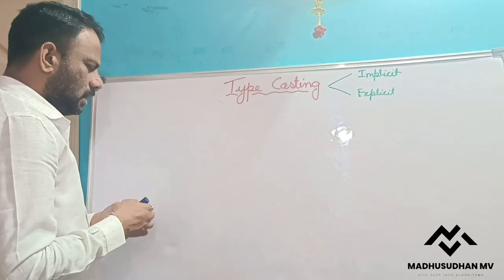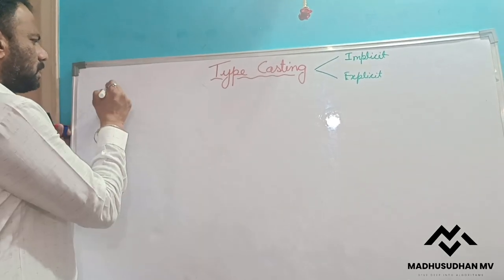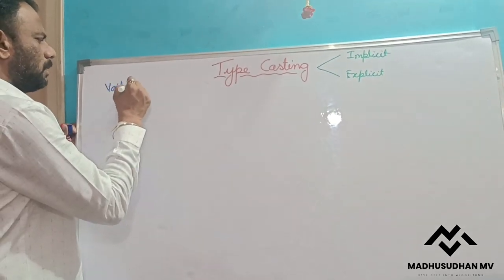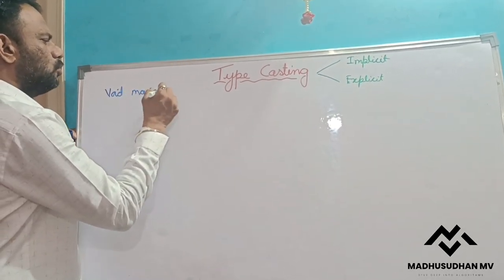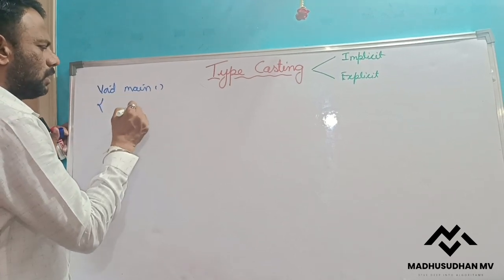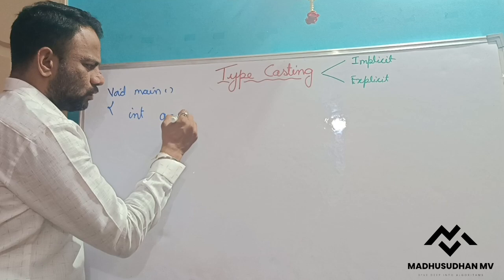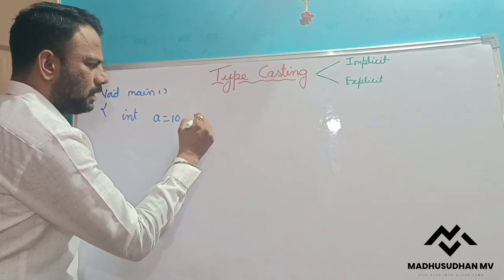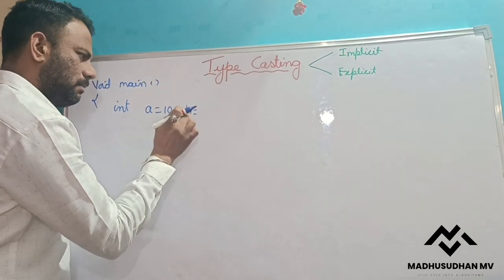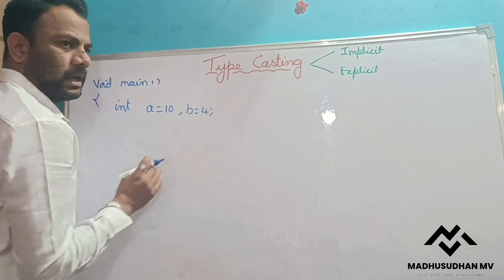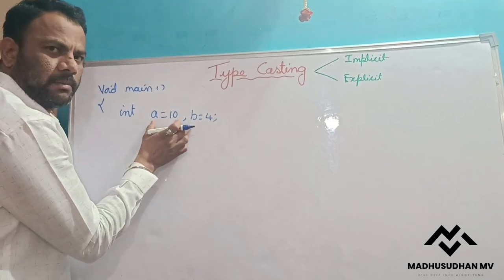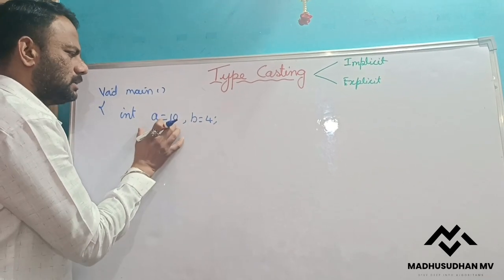So now I'll write one program. Let us take void main. I will declare two variables of integer: int a is equal to 10, and one more variable, int b, equal to 4. So I declare these 2 variables and initialize the values here itself.